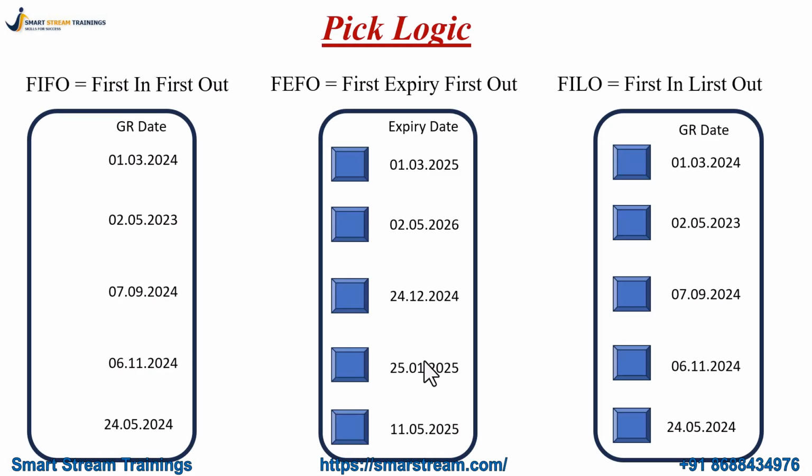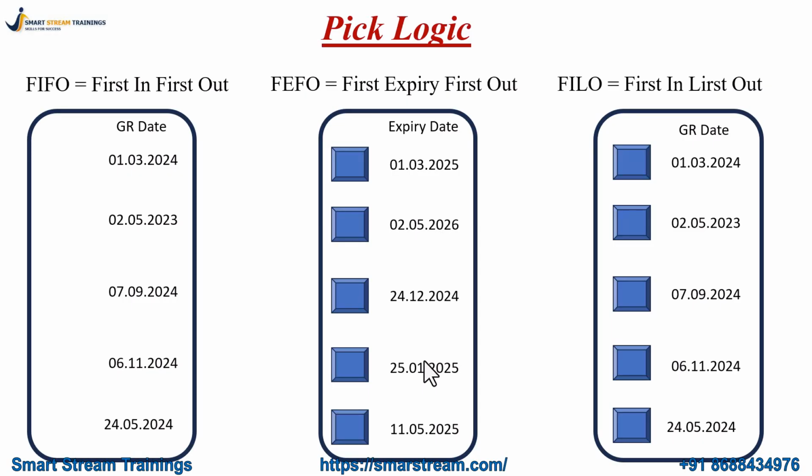This FEFO pick logic works to issue the products which are going to expire very soon. Among these five products which we have seen in the second diagram, the third product is going to expire in the year 2024. So that has to be issued to the customer as soon as possible before it expires.